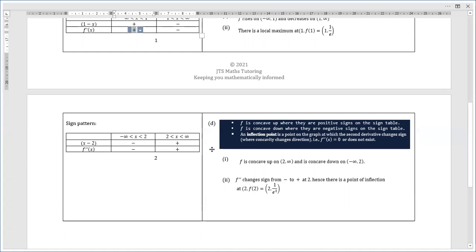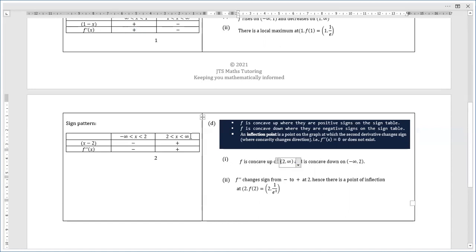So to answer that question, f is concave up on this interval because this is where it is positive, and it is concave down on this interval here because this is where it is negative. And we can see here that at 2, we have concavity changing there from concave down to concave up. So we plug in this 2, not into the second derivative.